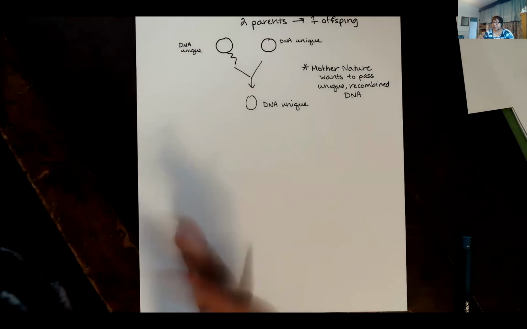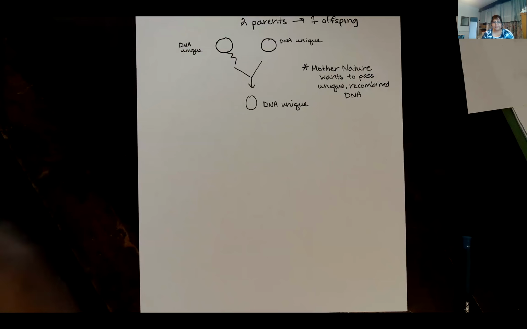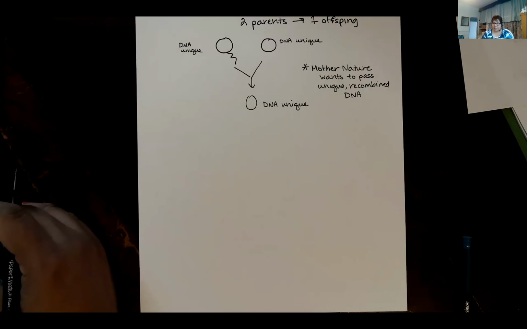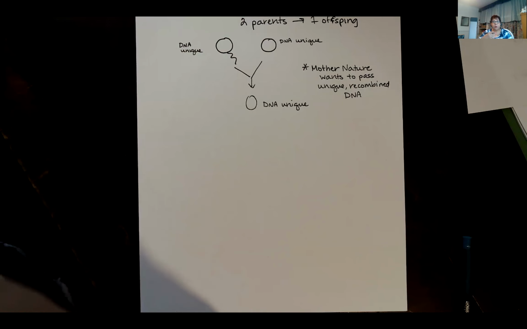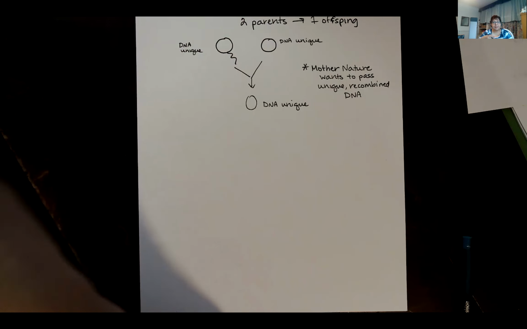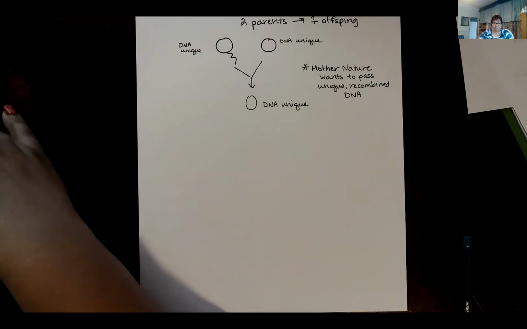She wants the DNA to always be slightly mixed up a little bit, because it turns out that recombining or mixing up DNA is good for the environment. Always keeping the DNA exactly the same is not always good.